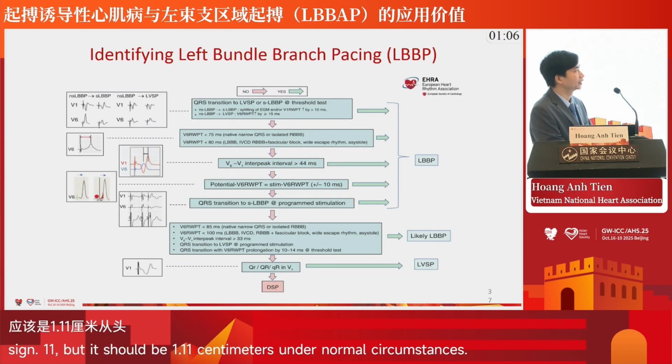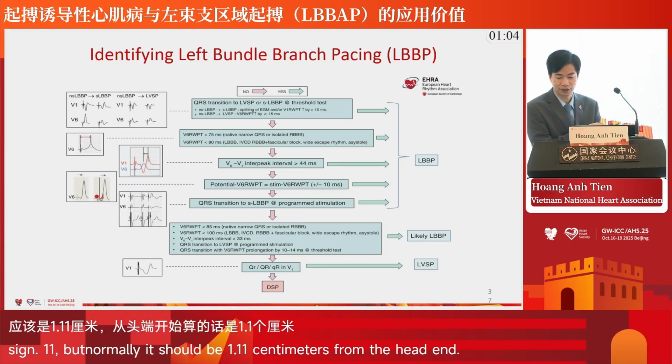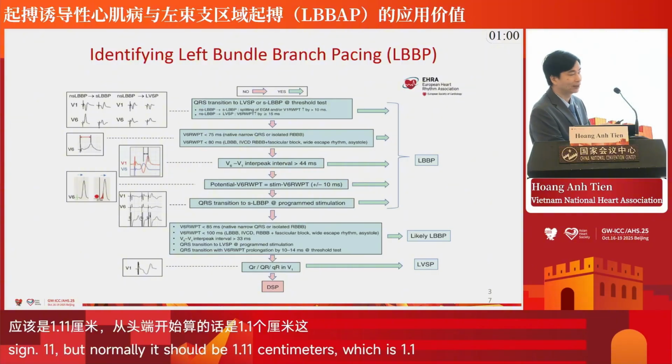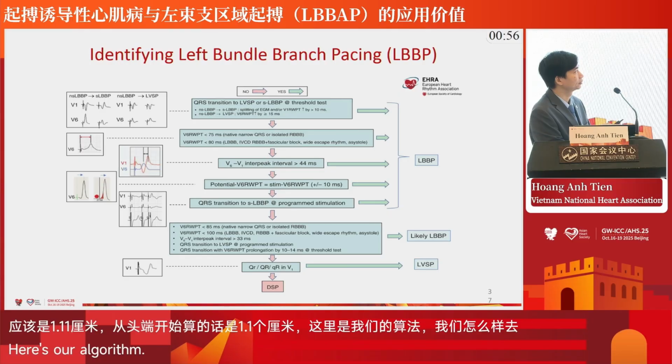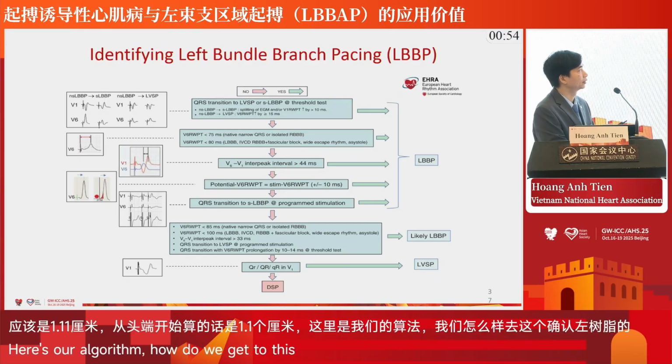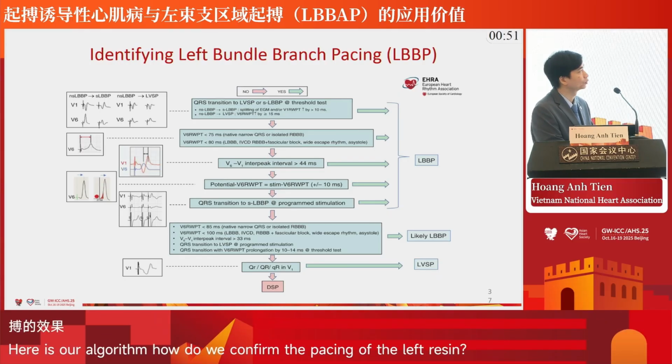And here is an algorithm for how to identify left bundle branch area pacing. We can use the QRS transition from left ventricular septum pacing to area pacing.